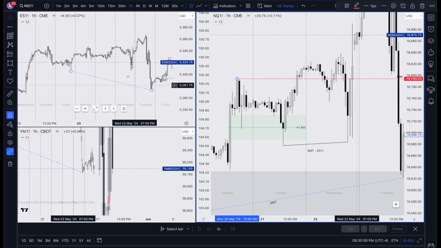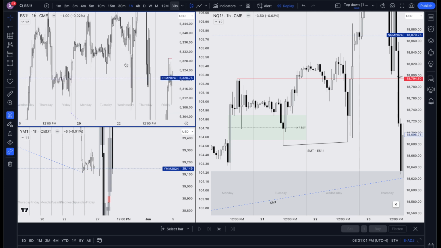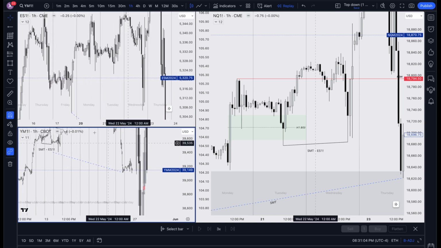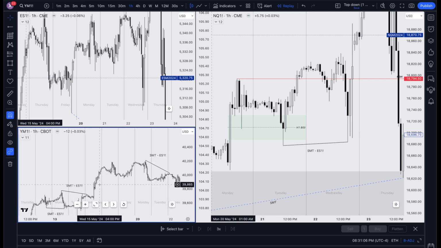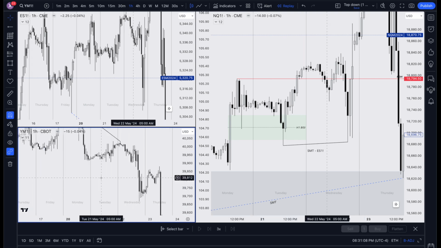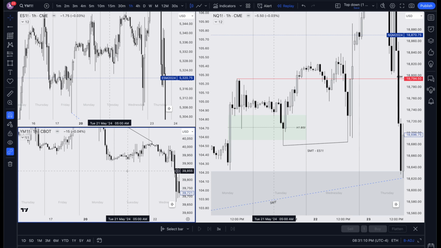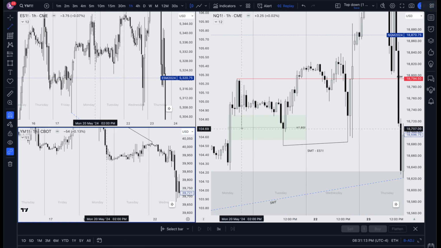I'm scouting for an SMT in my key level to see if I can find one, so I can qualify, even looking at my minutes charts. If not, no minutes charts. So on Tuesday, I do see my SMT.